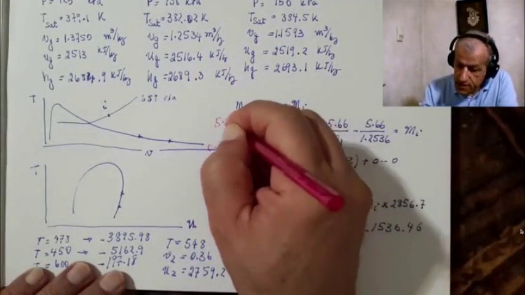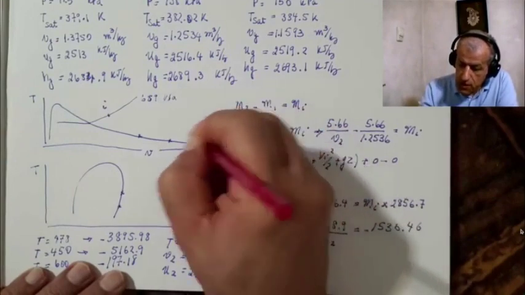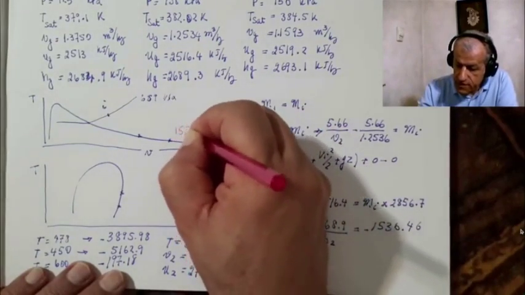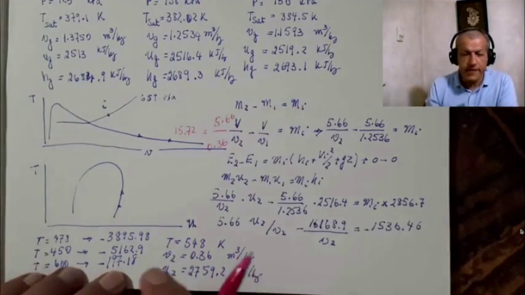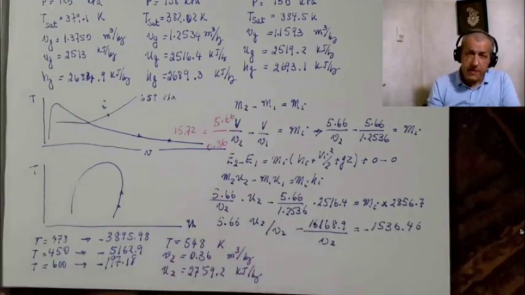This ratio would equal 15.72, and that is the final mass in the control volume.